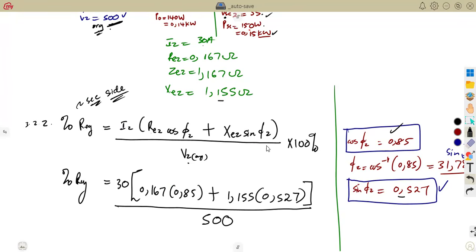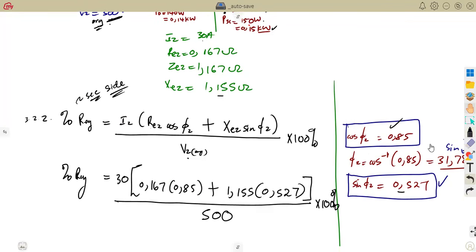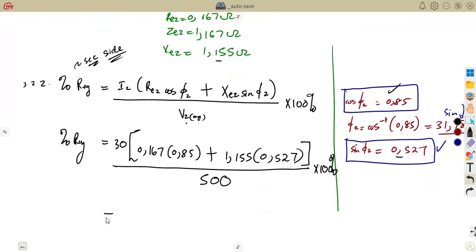With this whole information, since we need a percentage regulation, we multiply by 100%. That gives us the percentage regulation, guys. Make sure you use your calculator properly. It is going to be very small, 4.504, to 3 decimal places.